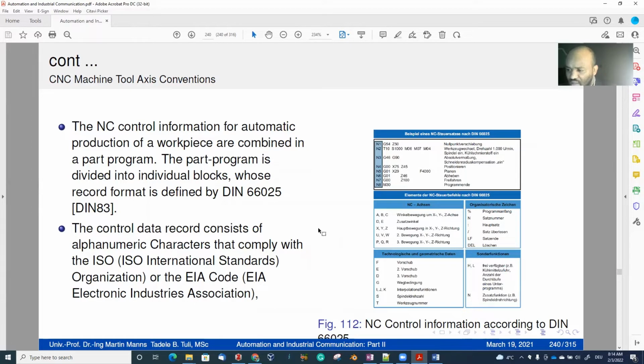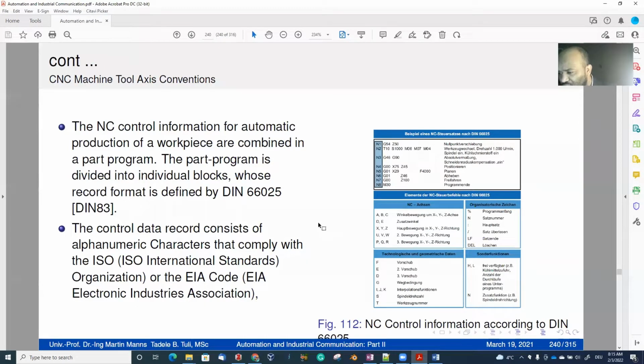Then the other is M functions. M functions are called miscellaneous functions, and they are commands for operations like start motor, stop motor, coolant on, coolant off, and so on. For example, M30 is end of the program, M03 is to start the motor, and M05, M07, M09 and so on. These are the commands.